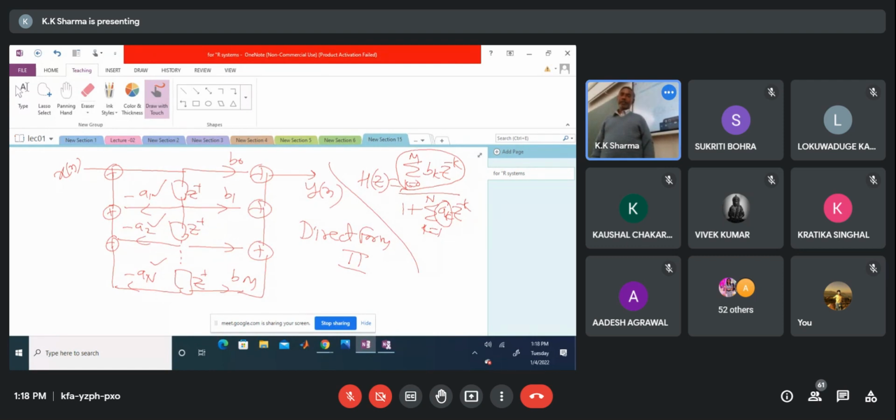Agreed? So all these arrows, the direction of arrows, matters actually. You need to put arrows.